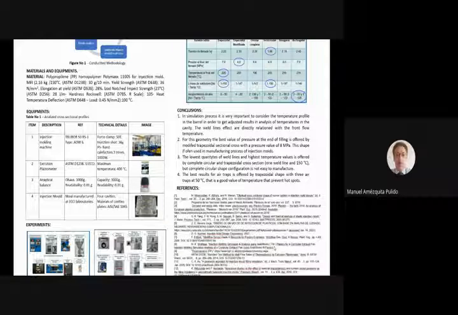We have to consider this in mind because the cost of manufacturing is another important parameter. Fourth, the best result for air traps is offered by the trapezoidal shape with three air traps at 50 degrees. That is a good value of temperature that prevents burn spots.